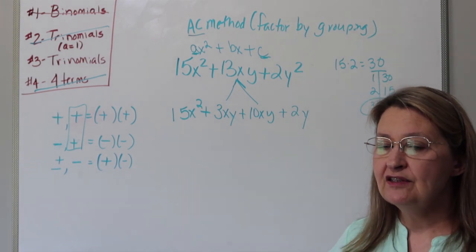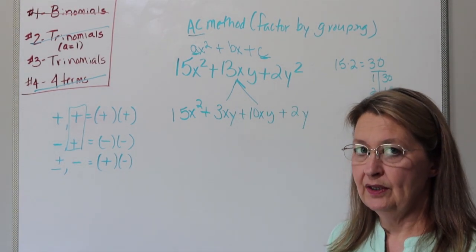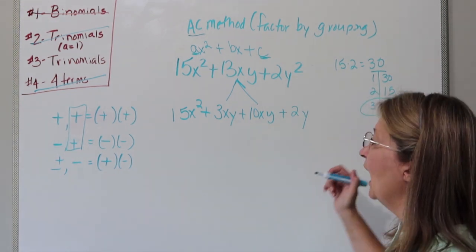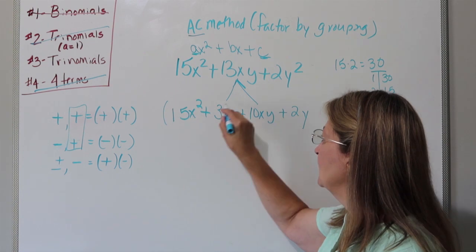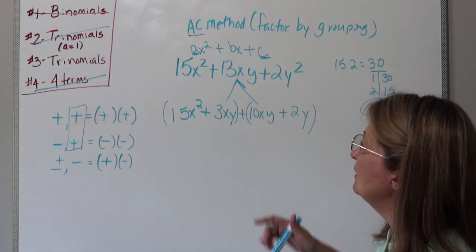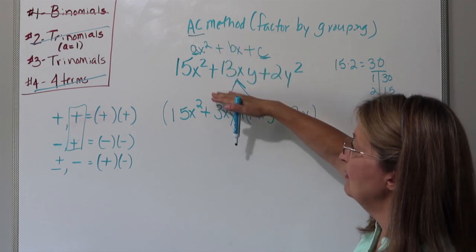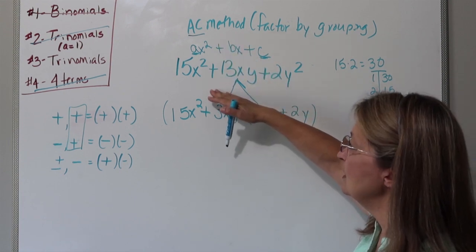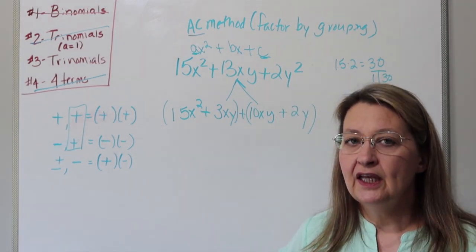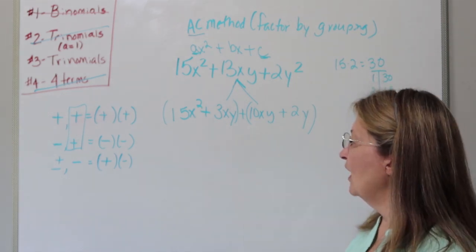I have not changed the value of this expression, I just changed its appearance. Now that I have a 4-term polynomial, I'm ready to factor by grouping. So in reality, all you're doing for these trinomials is converting that trinomial into a 4-term polynomial so that you can factor it by grouping.